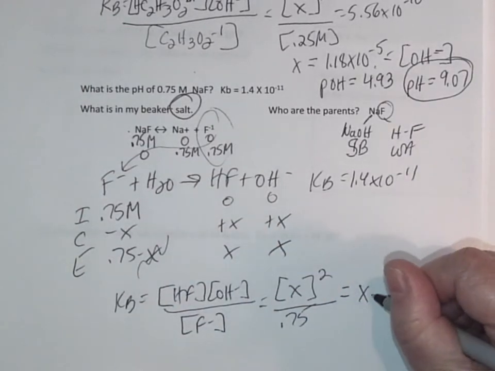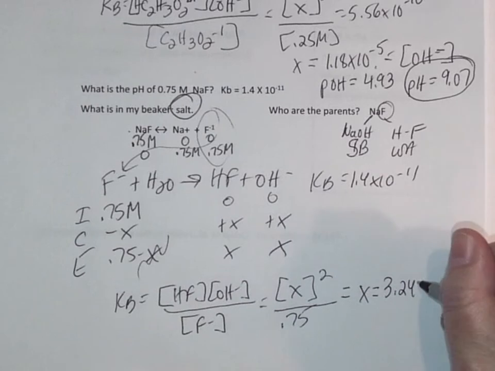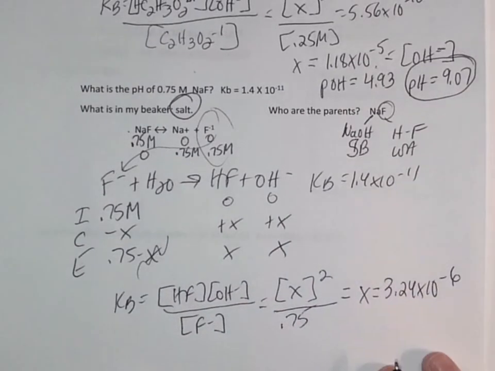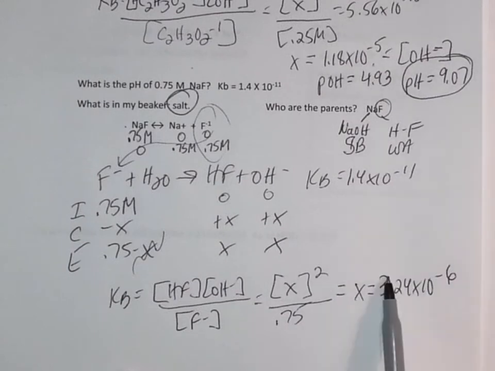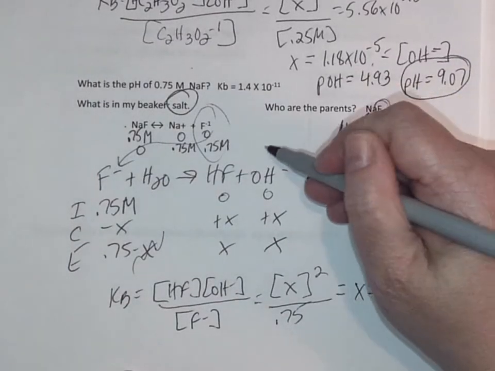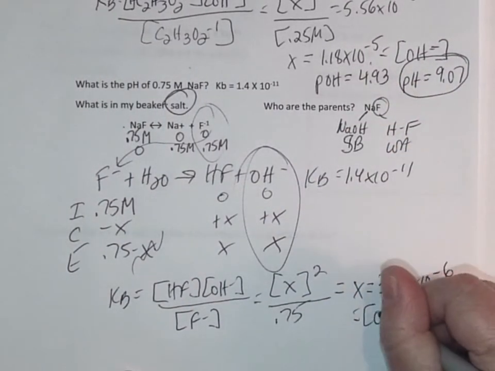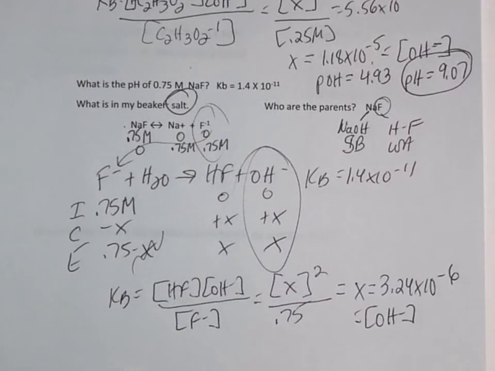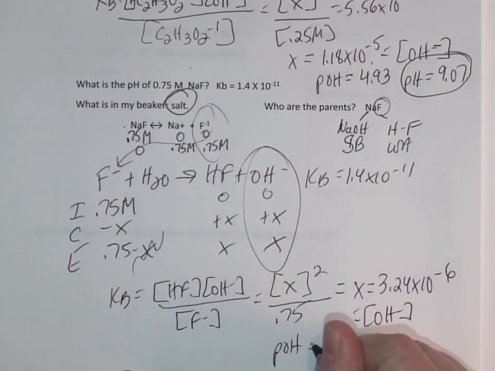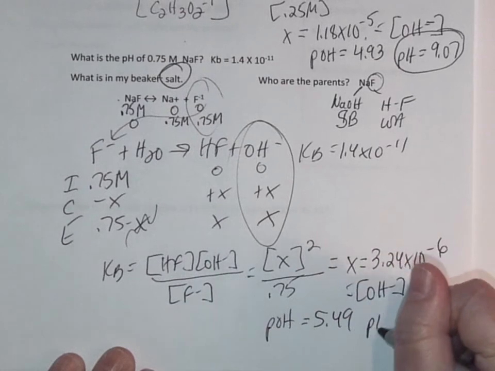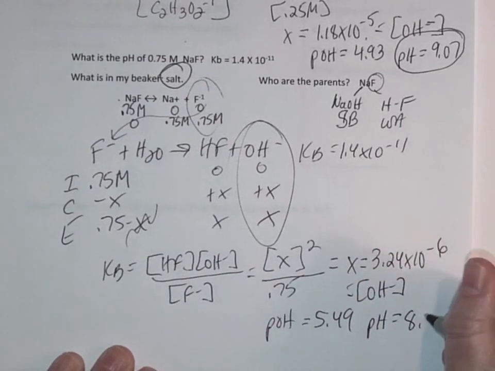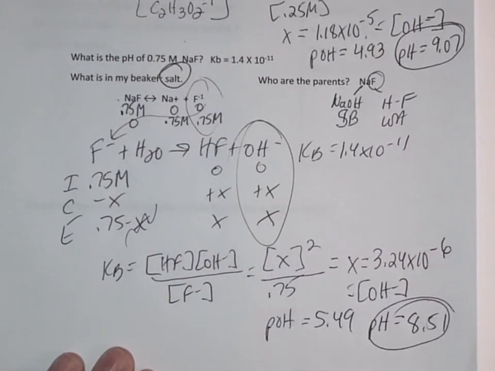And I get x is equal to 3.24 times 10 to the negative 6 when I do all this, right? Because we know what Kb was. All right, but what does that tell me? It tells me hydroxide ion concentration. Finish it up by going back to those original equations, and I'm going to pop it in there, and I get 8.51 as a pH.